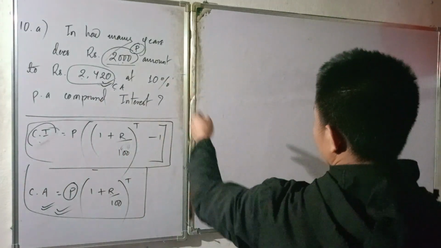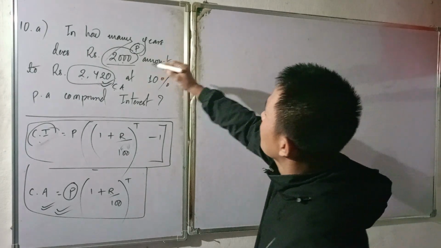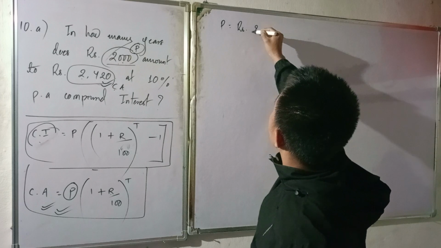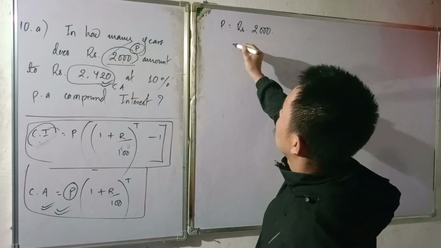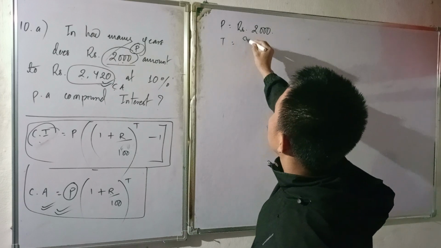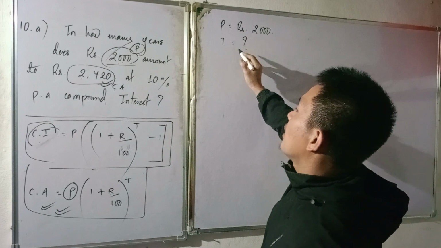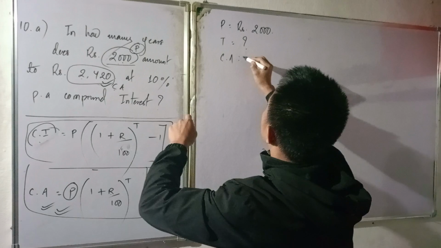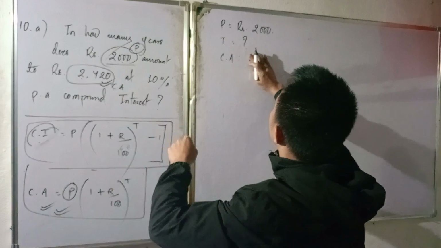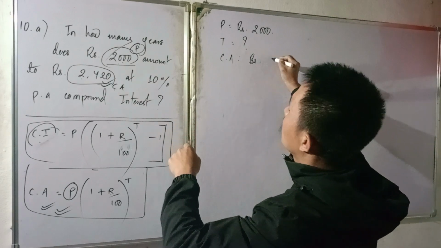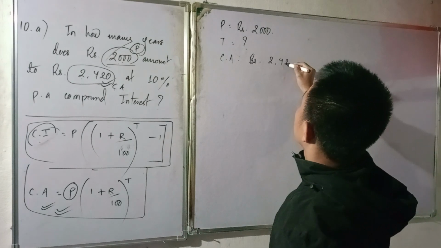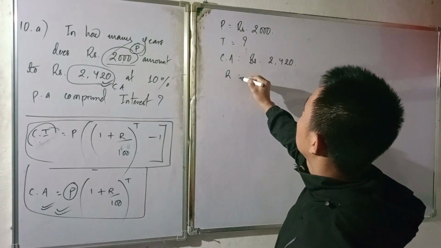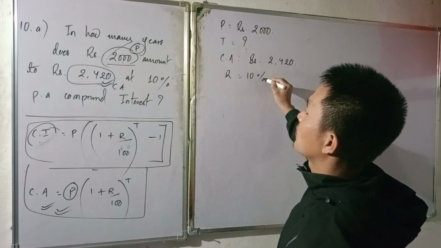Now we can see here P equals rupees 2000. Time we have to find, and the given compound amount is rupees 2420, and the given rate is 10%.